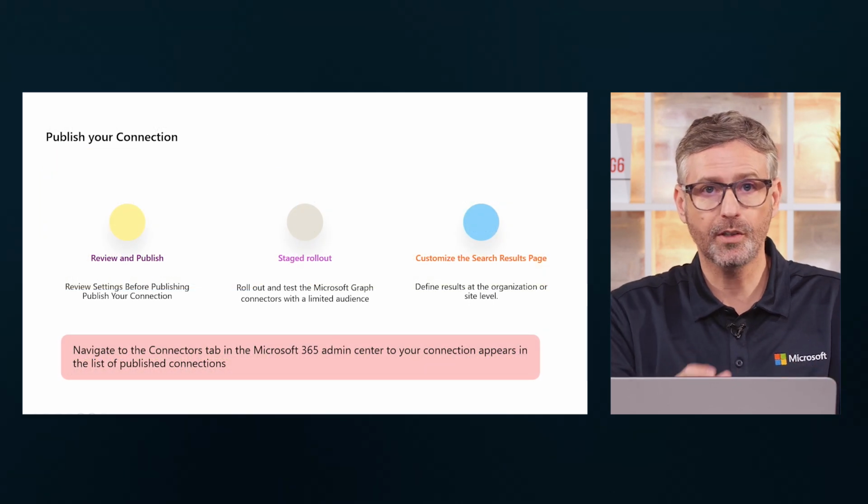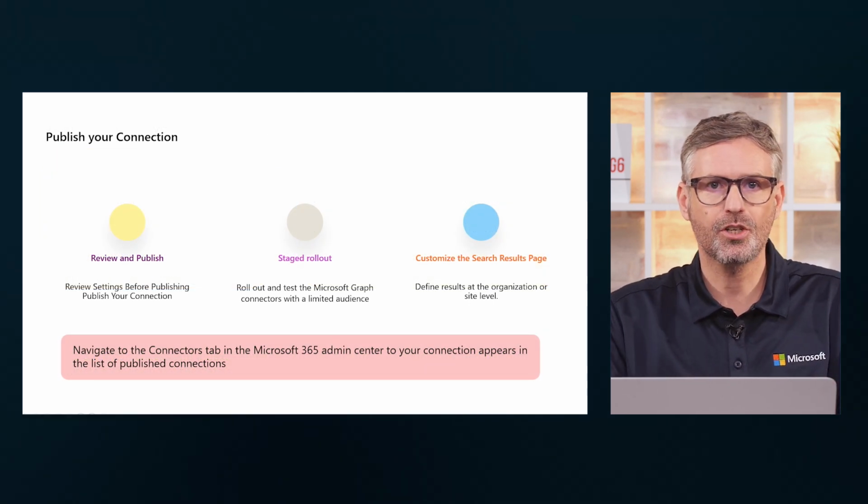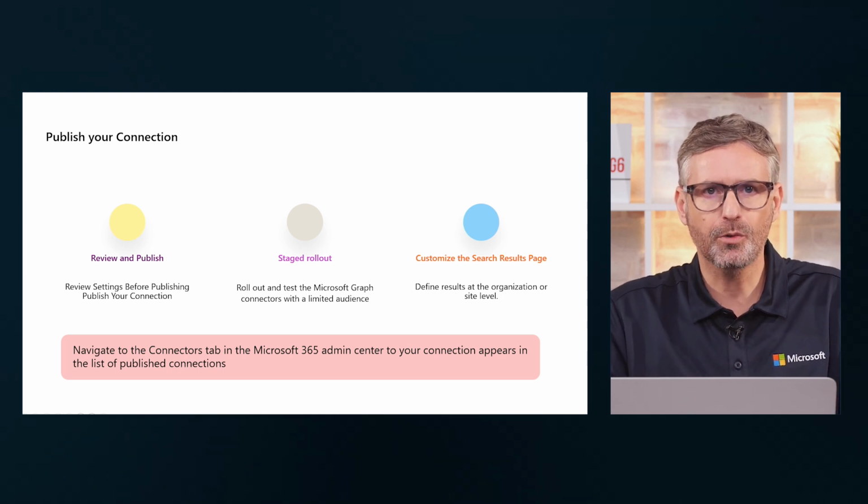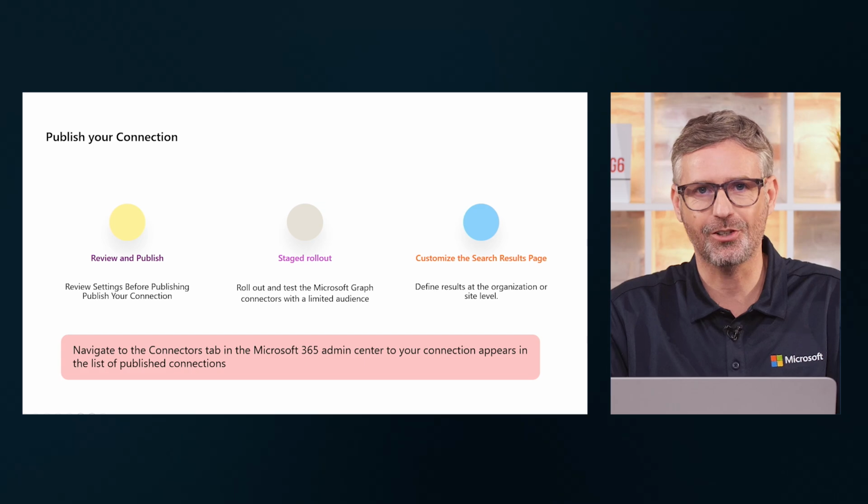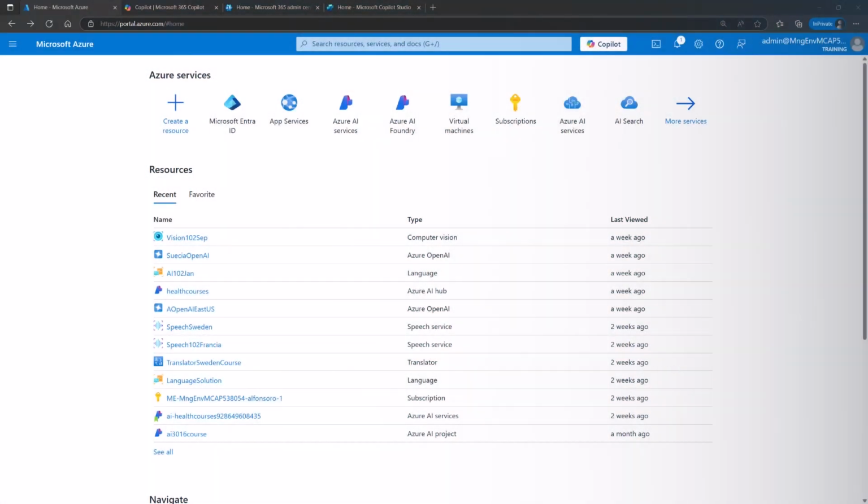Fantastic, we have covered all the theory of the graph connector, so now it is the moment to run a real demo to show you how it works within the Microsoft 365 admin portal and also Azure. In this demo, I'm going to showcase how to expand the Microsoft 365 Copilot capabilities, providing more knowledge to this fantastic tool.